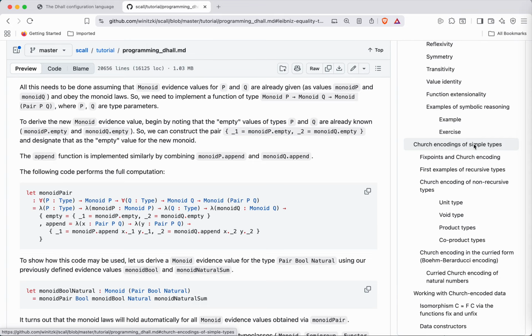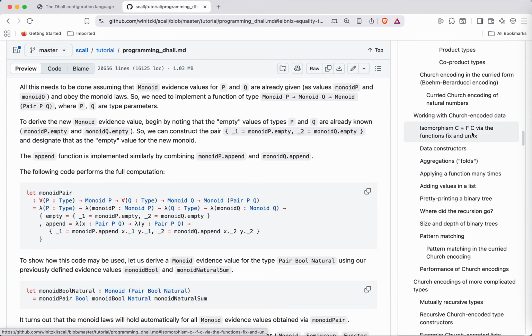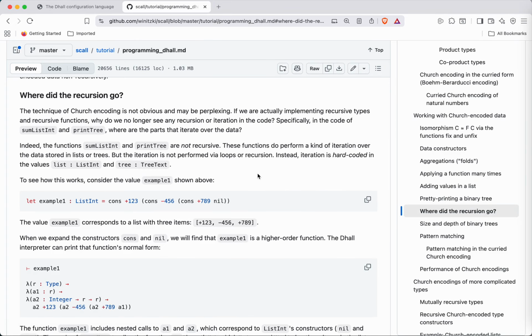and I show how to define church encodings in general, the most general form of church encodings. Explain all of this in detail, and explain, for instance, why we can have recursive types and recursive functions even though none of the code we write is actually recursive.